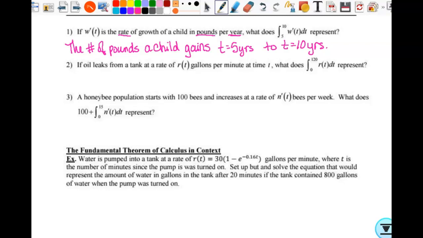Okay, so then we have oil leaks from a tank at a rate of R of t gallons per minute. So that means when we actually integrate, we'll be in gallons, and this would be in minutes, right?